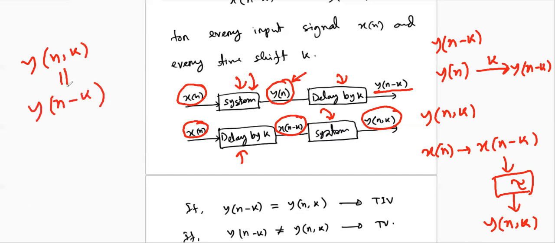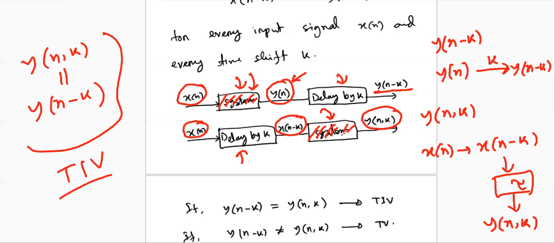If they are equal, then this is known as a time invariant system. Not the signal, the system. Where is that system? This is that system. We are talking about this system, because it actually does not depend on the time delay of the input or the output.